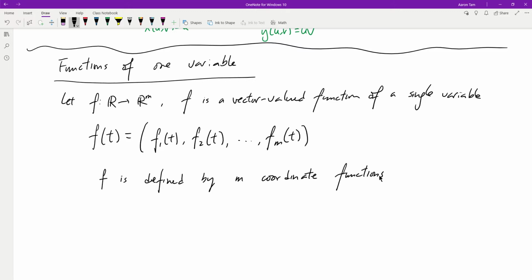Now, why do we start with these types of functions? It's because of a very simple concept. Notice that this function f is defined by m coordinate functions. Each coordinate function, let's say f sub k, is the kth coordinate function of f.